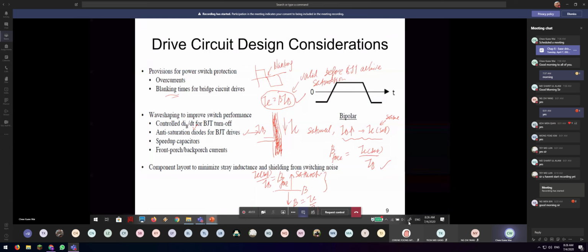This affects the switching speed of the BJT, which is why the BJT has a lower speed compared to the MOSFET. Then there is the speed-up capacitor, a capacitor inside to make it switch on and off faster. Then the front push and back push current is the delay current due to the minority carriers. We can see that one later on.